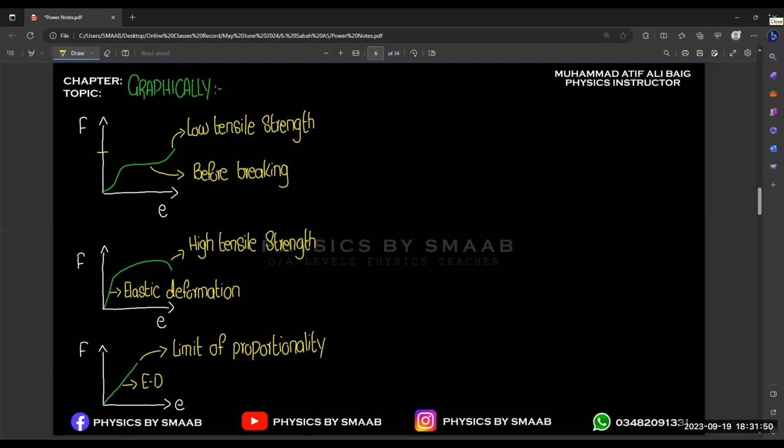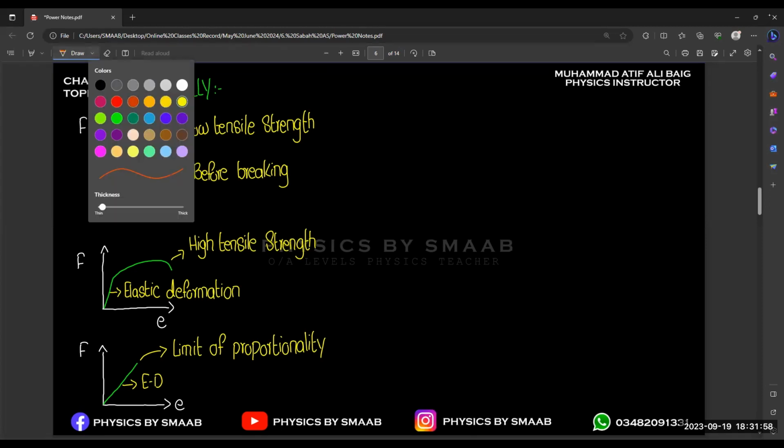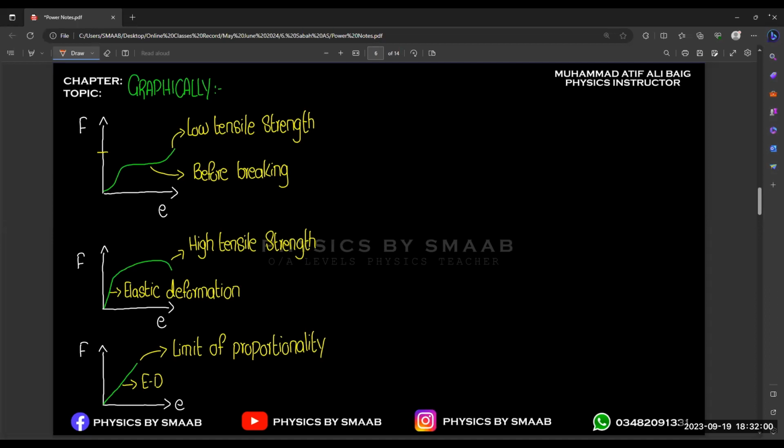And if we talk about some new concepts in this chapter, you already know about Hooke's law. So we just write the formula for Hooke's law, because that will remind you to revise that topic again. Hooke's law is F equals Kx, where K is the constant, x is the extension, and F is force.